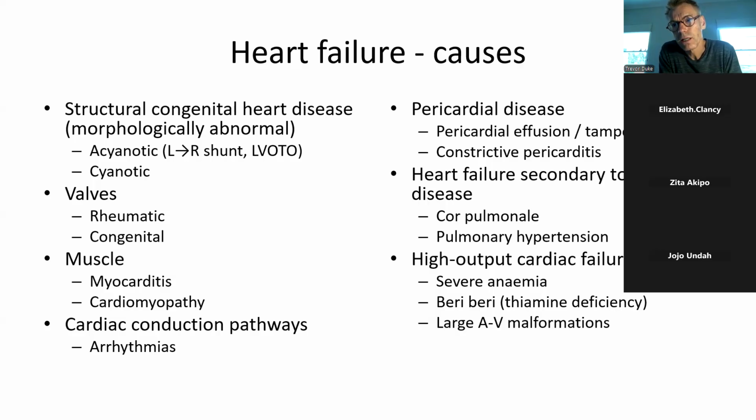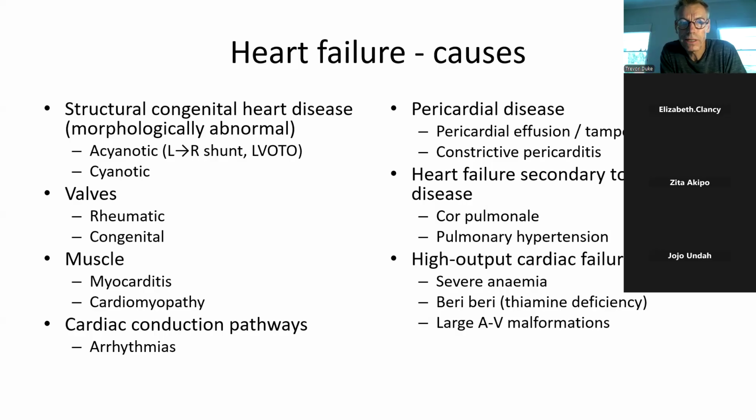Sometimes children who've got left ventricular outflow tract obstruction present in heart failure, but also sometimes they present in shock rather than in congestive heart failure. We'll talk about the differences shortly, but the biggest causes, of course, are large left to right shunts, and the largest causes of those are ventricular septal defects largely, and also less commonly atrioventricular septal defects, and occasionally a very large atrial septal defect, and in neonates and occasionally in infants, a large patent ductus arteriosus.